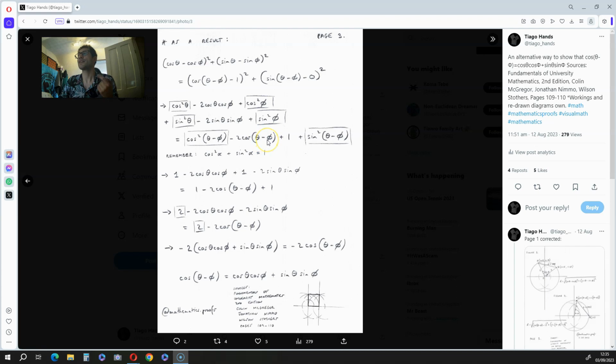And we end up simplifying to this, and then this, and if we continue, we get our identity: cos(theta minus phi) is equal to cos theta cos phi plus sine theta sine phi. And there we have our proof. So you can check the workings over here in your spare time. Okay, so that's our proof.